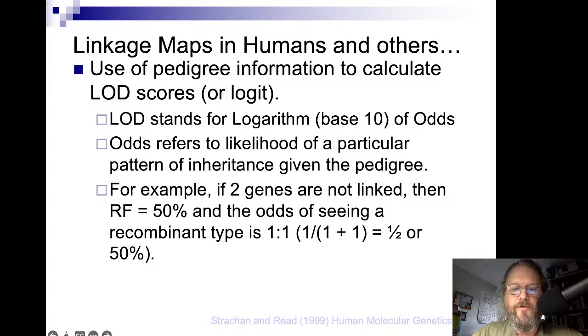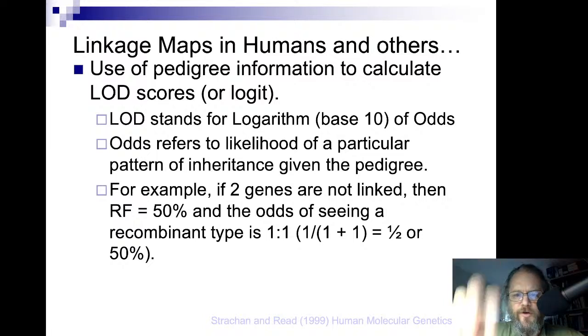So logarithm base 10 of odds, and the odds are calculated by taking the frequency of those who have the condition and whether or not they have the SNP, divided by those who don't have the condition and the number of individuals who don't have the SNP. And so you do an odds ratio, and that gives you a score of how likely the condition is associated with a difference at that SNP.